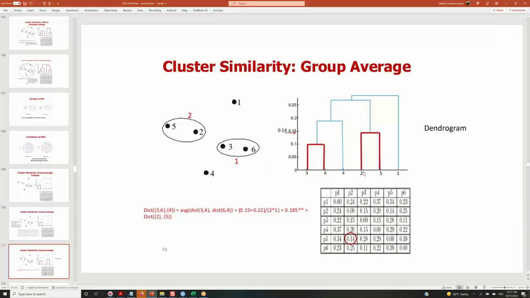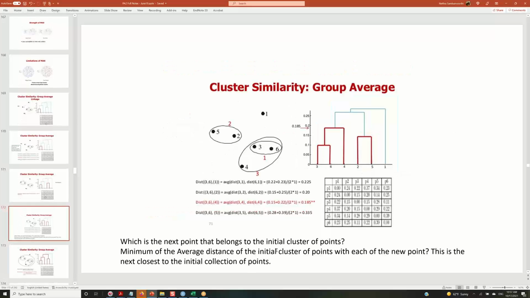Now we complete that. Before I go to 0.18, this is also pairwise, distance is already 0.14 only. So at 0.14 this joins together. So 4 joins with this one, and then 1 joins with everything. That is what is happening here.